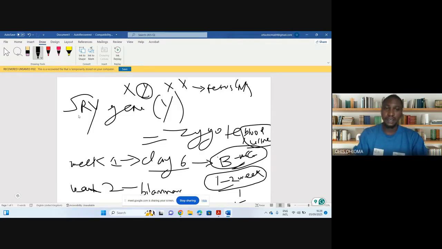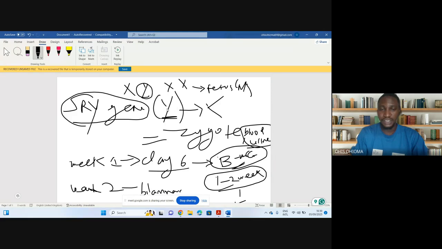And the SRY gene is located on this Y chromosome. What it does is that there are two ducts that are there. You have the mesonephric duct, right? And you have the paramesonephric duct, right? And so when this gene is present, you have the paramesonephric duct degrading, right?